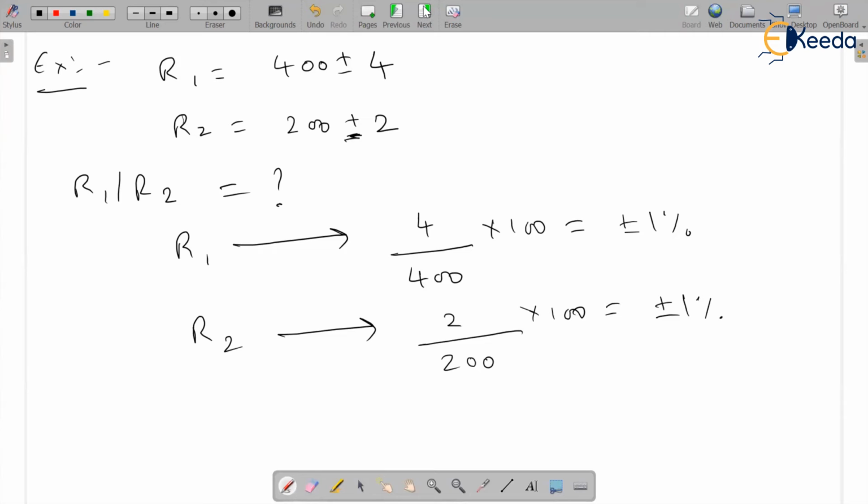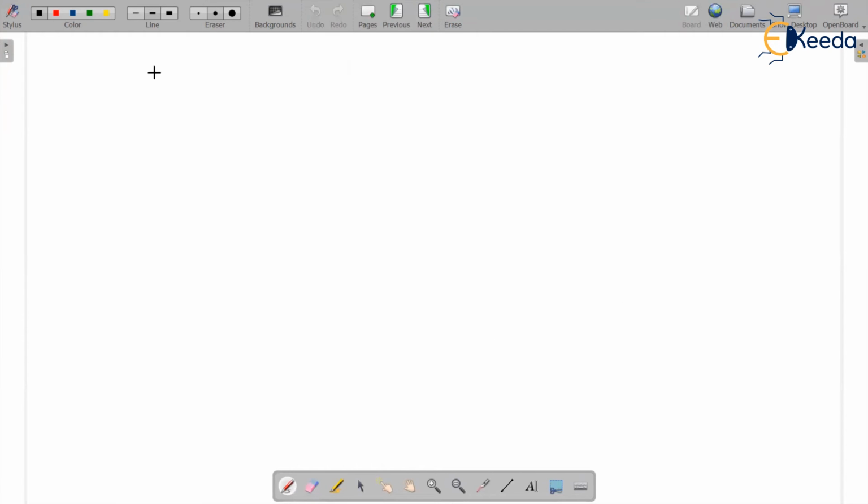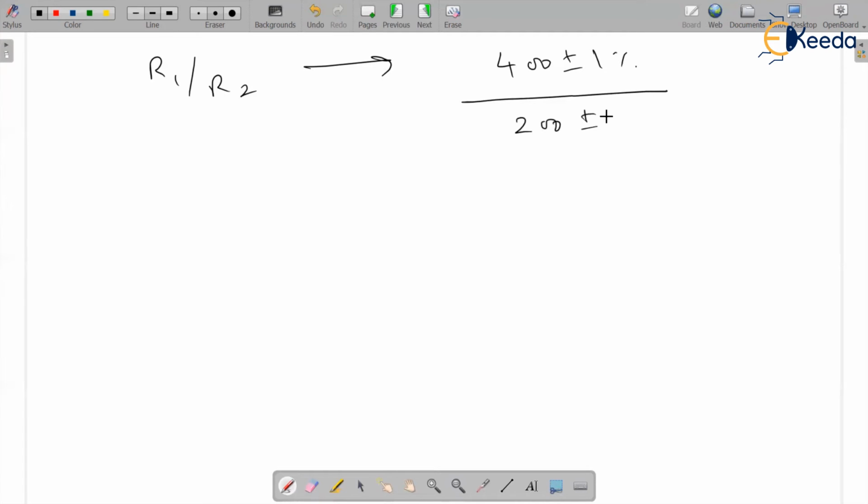So R1 by R2 is 400 plus or minus 1 percentage by 200 plus or minus 1 percentage. So R1 by R2 gives rise to 2 plus or minus 2 percentage.